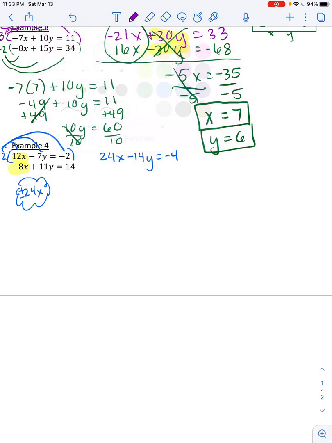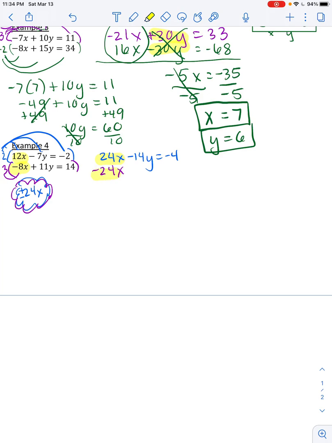Bottom row, think about what you're trying to make. You're trying to make a positive and negative 24. We already have a positive 24x. So to make this bottom negative 8x into a negative 24x, we'll need to multiply by 3. 3 times negative 8 is negative 24.